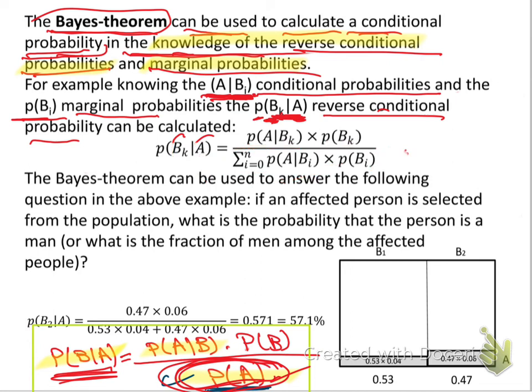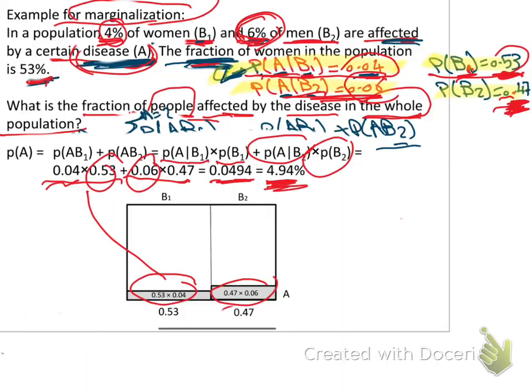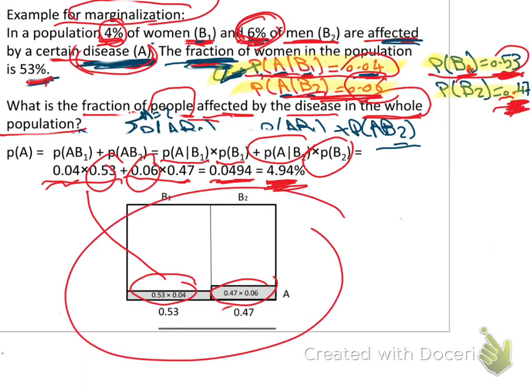Okay, Bayes' theorem can be used to answer the following questions. In the above example, if an affected person is selected from a population, what is the probability that the person is a man? Or what is the fraction of the men among the affected people? So this is the same example which we have taken in the previous slides, with the same percentages.